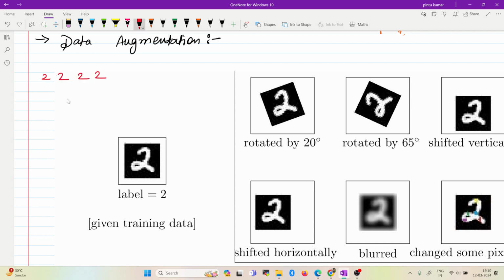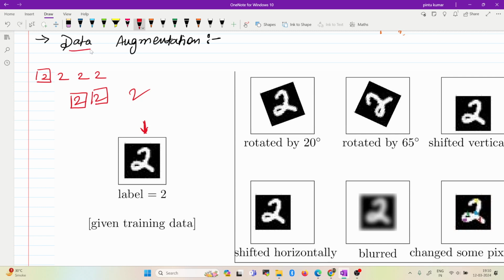There is a possibility that somebody writes 2 like this. When I'm scribbling, I'll write 2 like this. You can see the orientation of this 2 and this 2 is different. This is slightly tilted when I'm writing. Somebody might have a habit of writing 2 more tilted. So let's say initially you had this kind of 2 available in your data set.